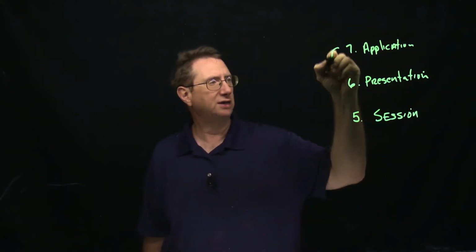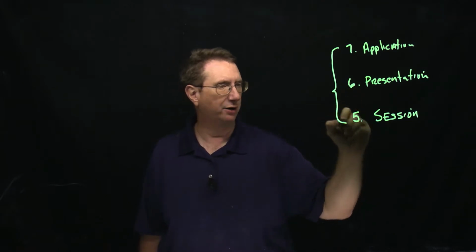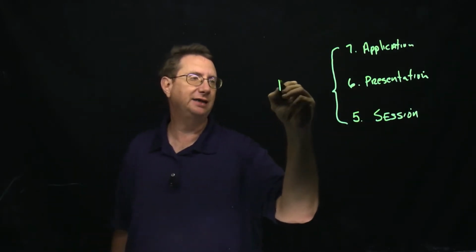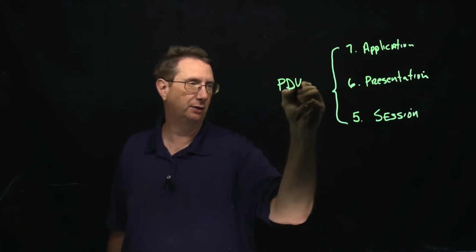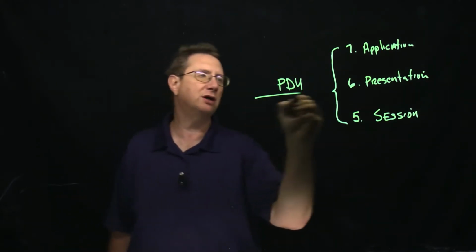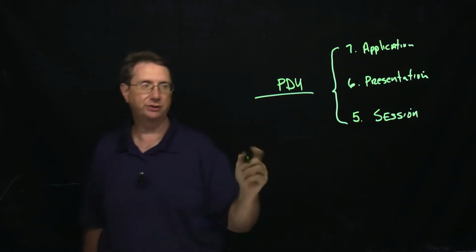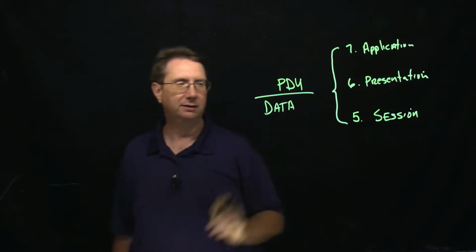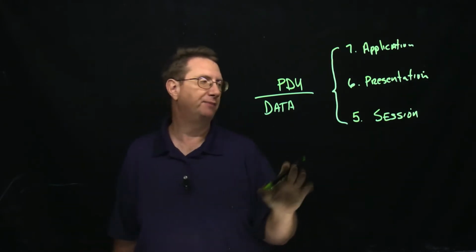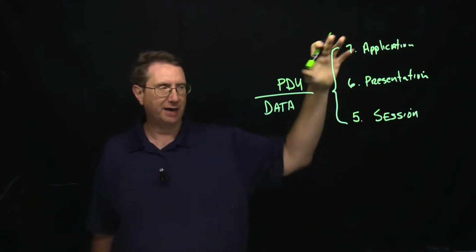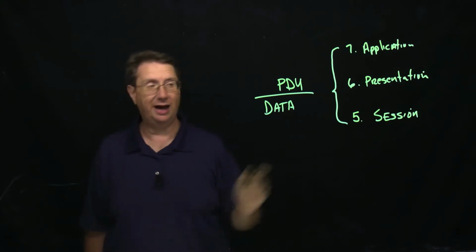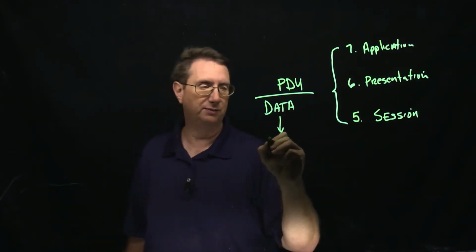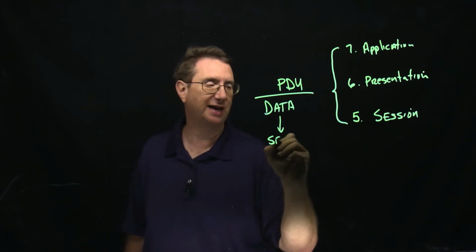Now, when we start looking at these layers together, remember we mentioned those PDUs, the protocol data units that we were discussing. Whenever we're talking about these 3 layers, we call that PDU data. So it comes down from the application, presentation, and session layer as data, and then at layer 4 it becomes a segment.